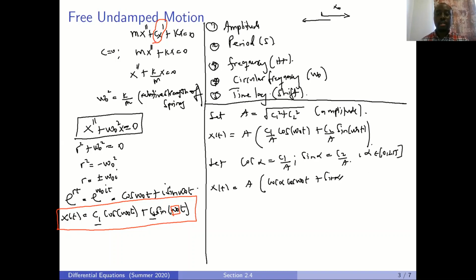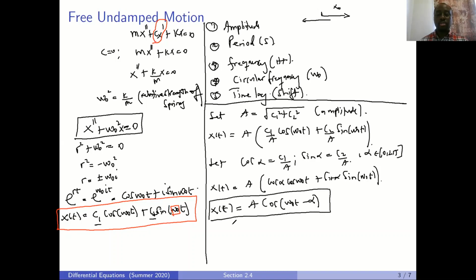Now, if you remember your trig identities, this can be expressed as A cosine of (W0t minus alpha). So now I've been able to express my displacement function as a single trigonometric function, cosine.